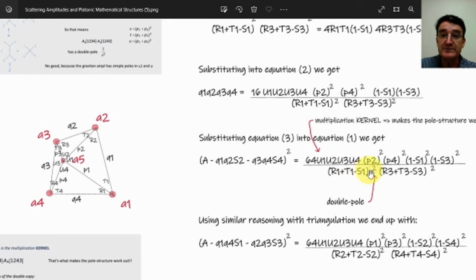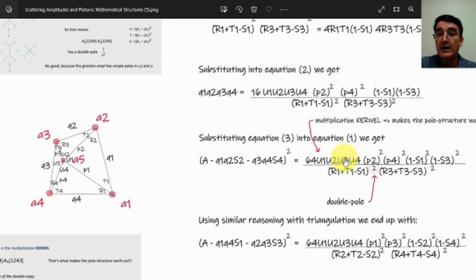So T1 minus S1 is 0, and that's a double pole. It's canceled by one 0, so we get a single pole in the denominator. So that shows that we get a single pole in the denominator when the point goes to any of the boundaries of the quadrangle or quadrilateral shape.